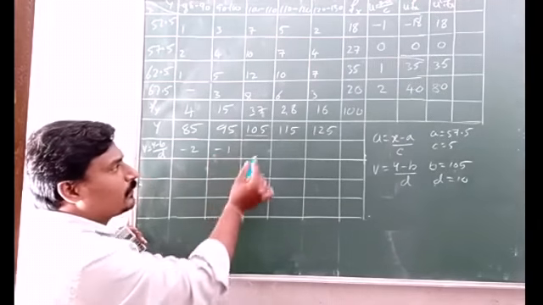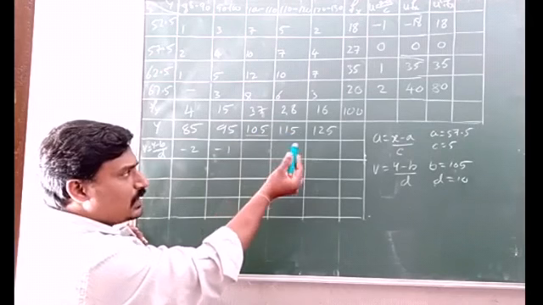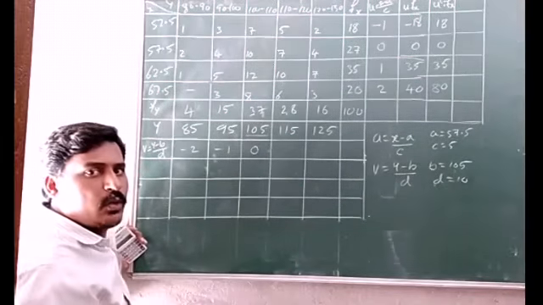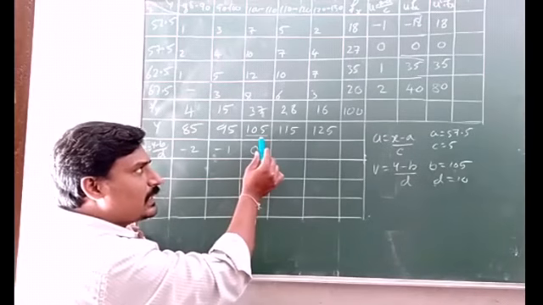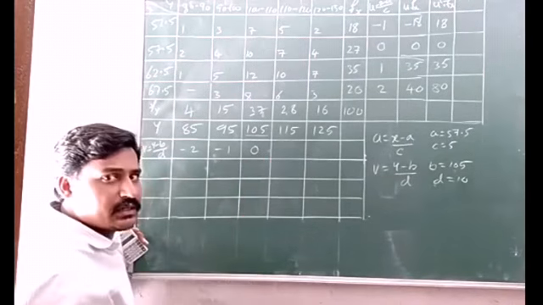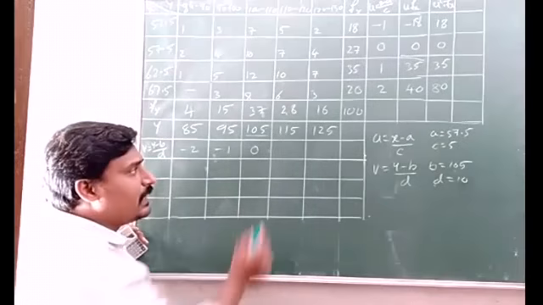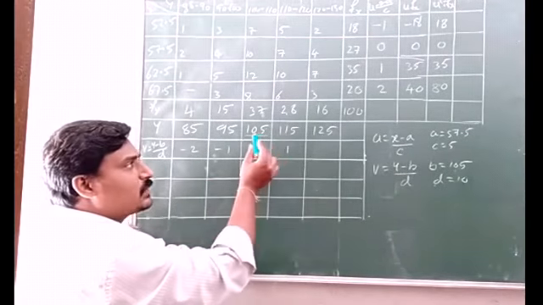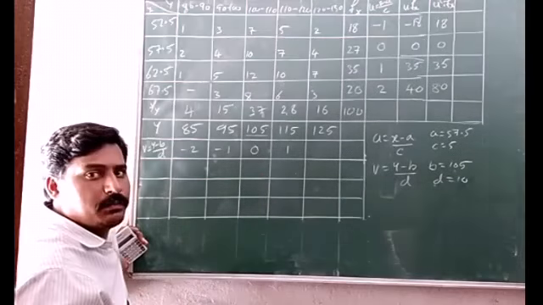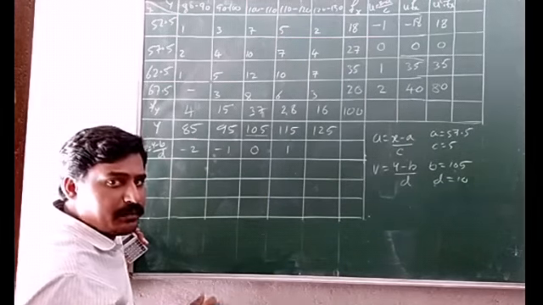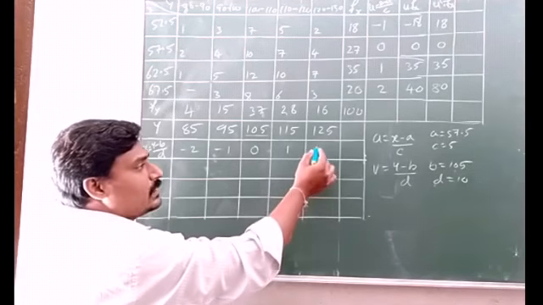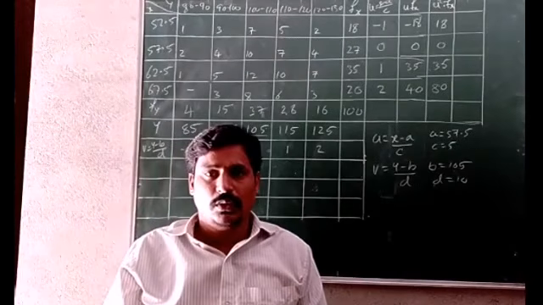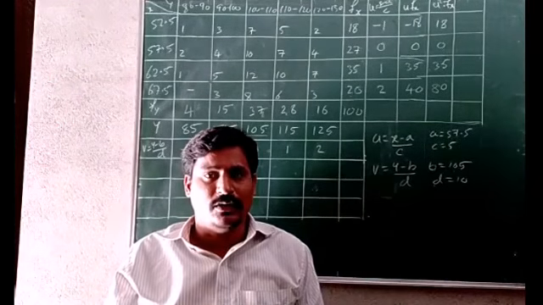Minus 1. 105 minus 105. 0. 0 divided by 10 is 0. 115 minus 105 plus 10. Plus 10 divided by 10 plus 1. Next 125 minus 105 plus 20. Plus 20 divided by 10, that is plus 2. Okay. So now we have calculated V values.